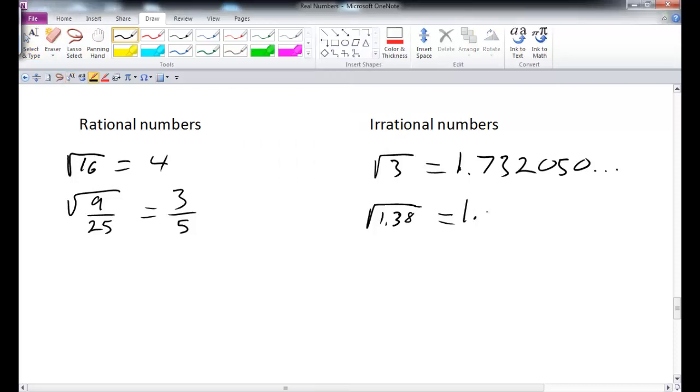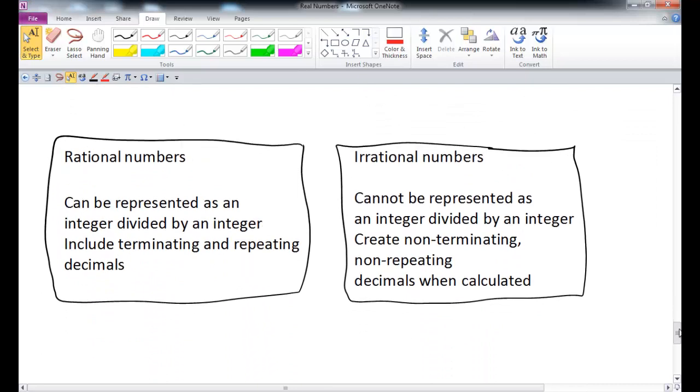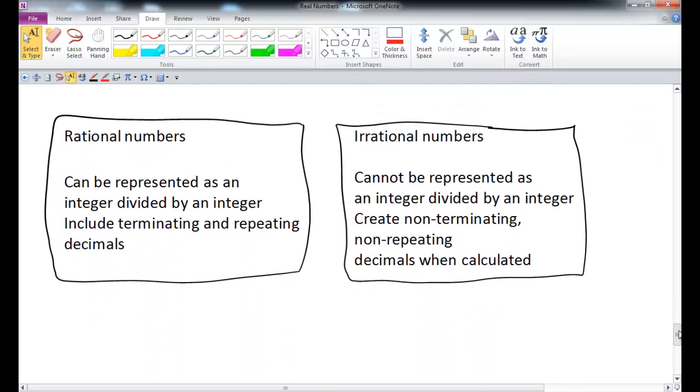We'll do quite a bit of work with square roots in the next lesson. For now, let's complete this lesson with a little bit of a review. Rational numbers can be represented as an integer divided by an integer, and they include terminating and repeating decimals.